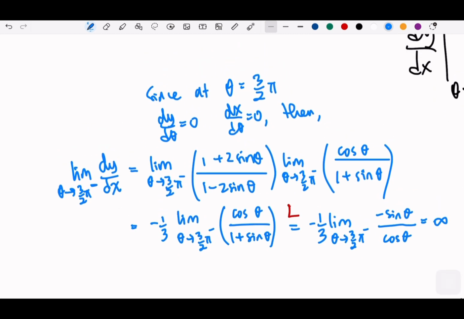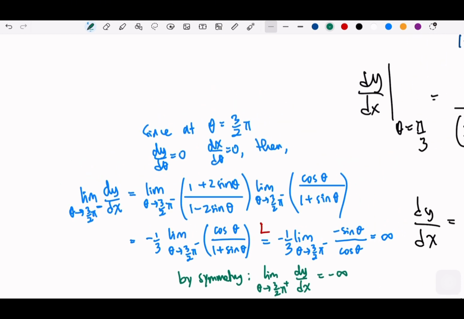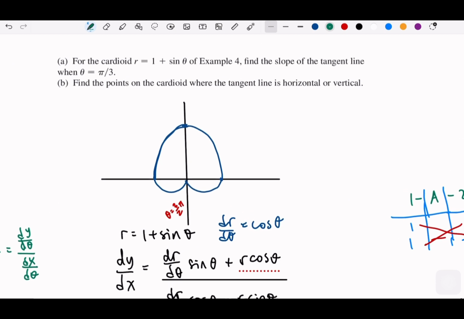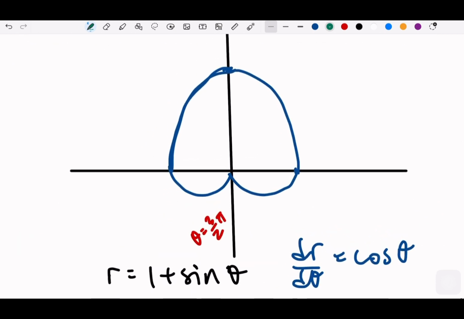And by symmetry, we could see also when we take limit for theta 3 over 2 pi from the right, we would get the negative part. So how does it look when we have a positive and negative infinity? Let me just get through the picture to see what it means.